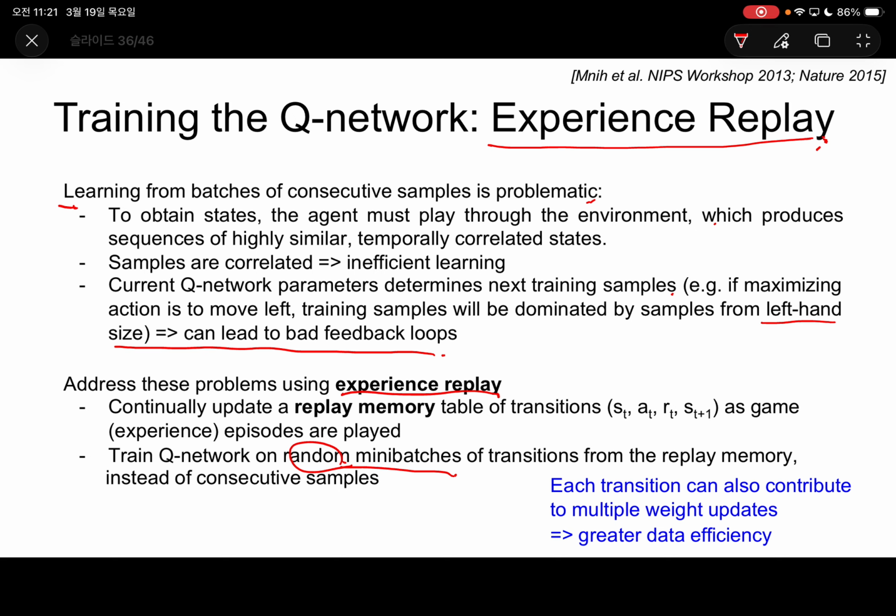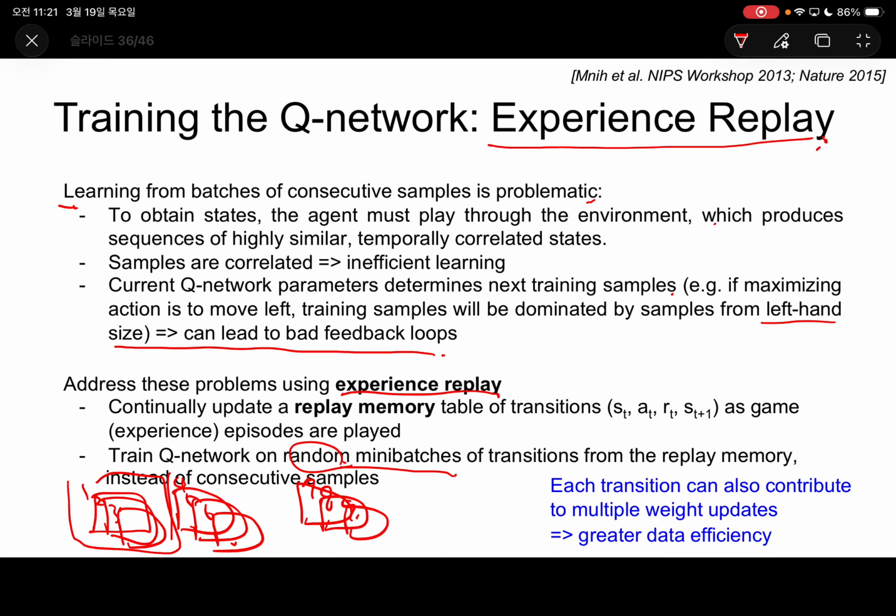The game might consist of several stages, like this: frame 1, 2, 3, 4, 5, 6, 7, 8, 9. The frames are almost the same; there is no big difference between this mini-batch and this mini-batch. So the philosophy of experience replay is that we need to make the training set more diverse, and then we pick a random mini-batch of transitions from the replay memory.